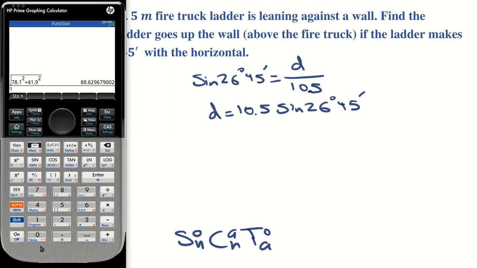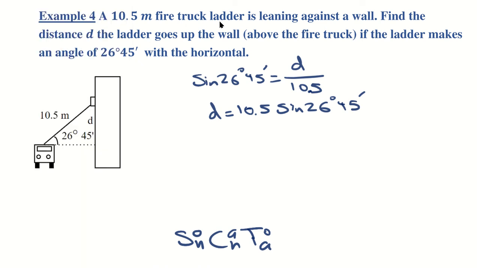So 10.5 times sine of, now remember, the best way to handle that, just turn it into pure degrees. So 26 plus 45, we're going from a smaller unit to a larger unit, so we divide by 60, the conversion factor, and there we go. 4.726, etc. Let's see if we have rounding instructions.